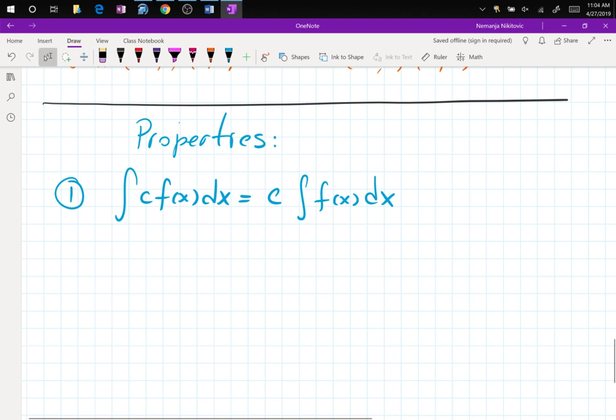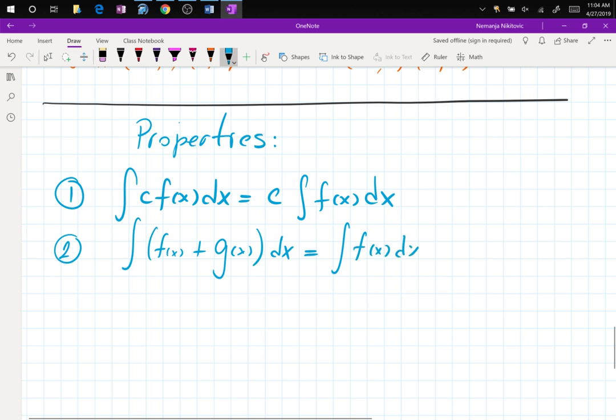The following 2 rules are also the same rules of linearity. So if you are adding 2 functions, f and g, so f of x plus g of x, in the integral, you are allowed to split this into 2 separate integrals. So each function gets its own integral.